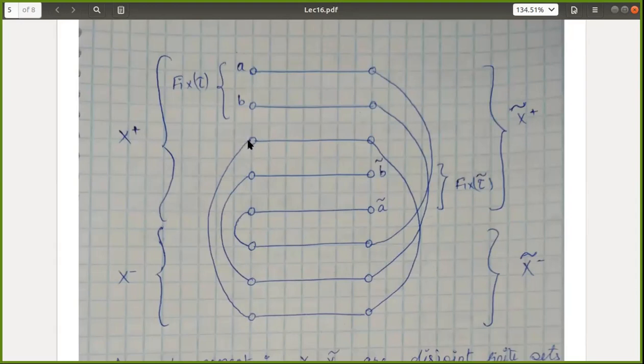So something will start here, come here, go to something here, let's say then go to here, then that will come here and that would go here and so on. Okay, but the main point is that if you have not started with an element of fixed point of tau, you keep on moving and this ends into a cycle.